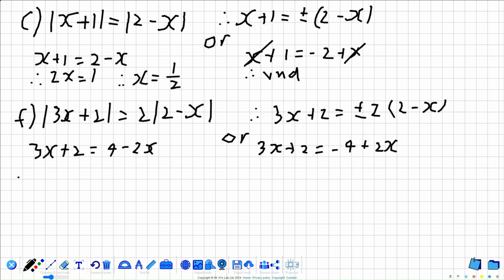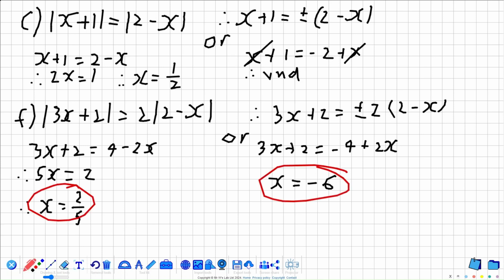Let's just evaluate the left one first. So we'll just move some parts around. So we'll have 5x equals 2. So therefore x will equal 2 over 5. And then this one where we've got x equals -6 right away. And so then these two are our final answer for that one.